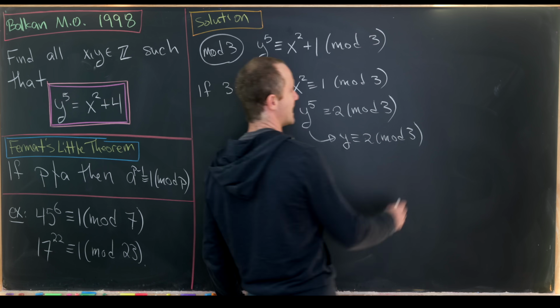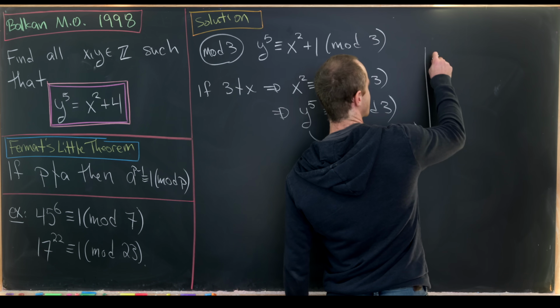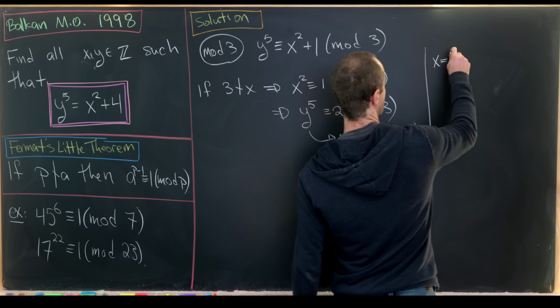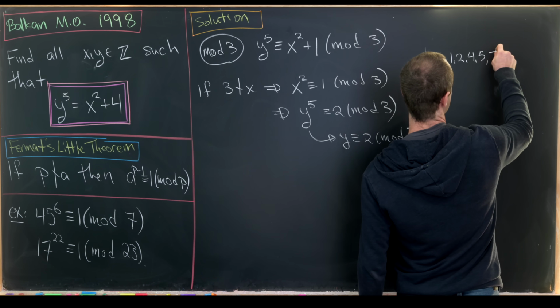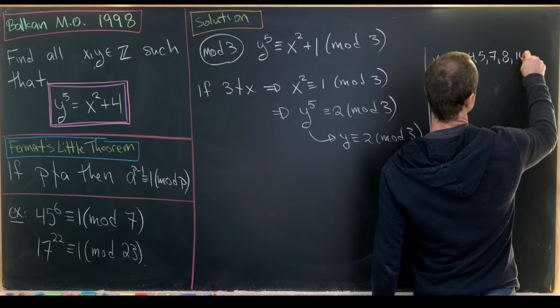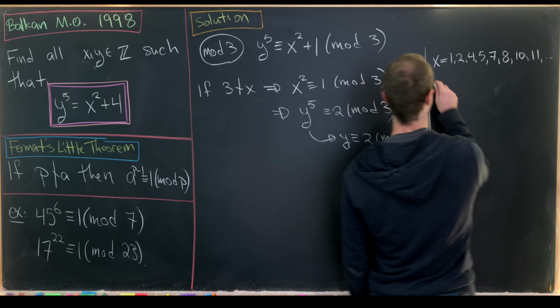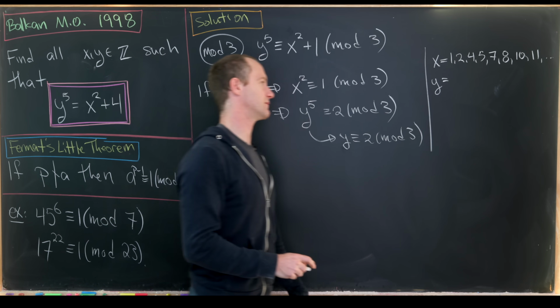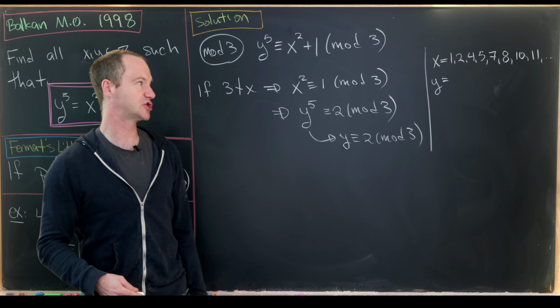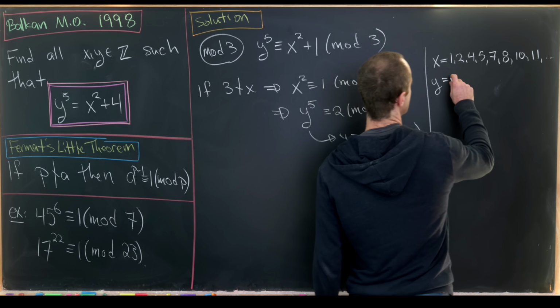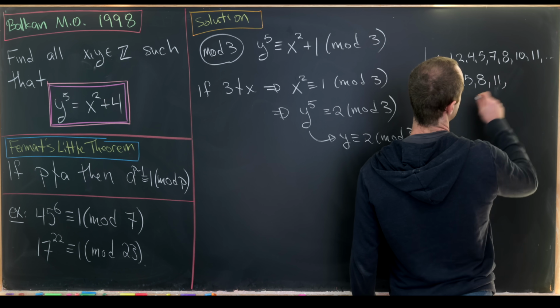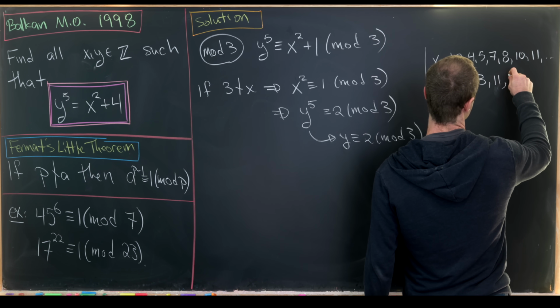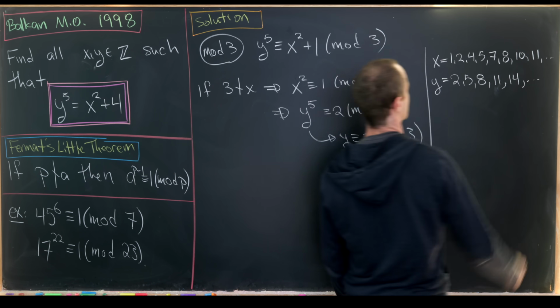But let's maybe lay these out. So some possible values for x would be 1, 2, 4, 5, and then 7, 8, 10, 11, and so forth. And the corresponding possible values for y are all 2 mod 3. So that would be 2, 5, 8, 11, maybe the next one would be 14, and so on and so forth.